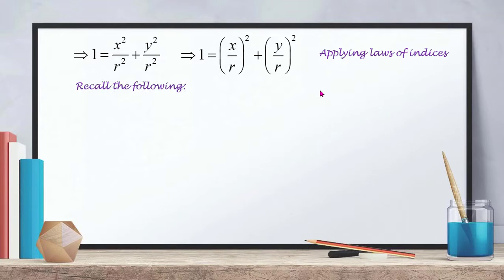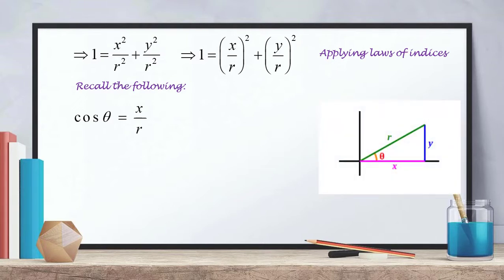Then we will recall the following. We will recall that cos theta is equal to x over r from the right-angled triangle. So cosine is adjacent divided by hypotenuse, and if we square both sides, we're going to have cos squared theta and x over r in brackets squared.